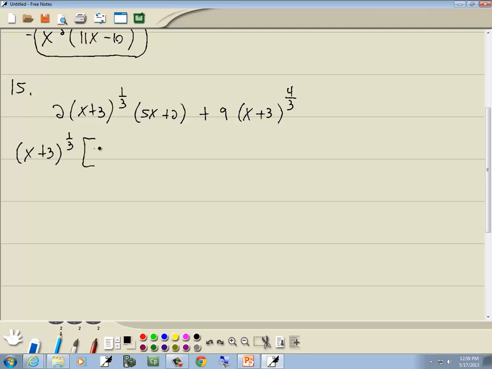Okay, well that 2 remains. This x plus 3 to the 1/3, that's completely gone. And we're also left with 5x plus 2. Plus 9. Now, we're factoring this out. Remember, you subtract the exponents. 4/3 minus 1/3 gives us 3/3. So we're going to have x plus 3 to the 3/3.